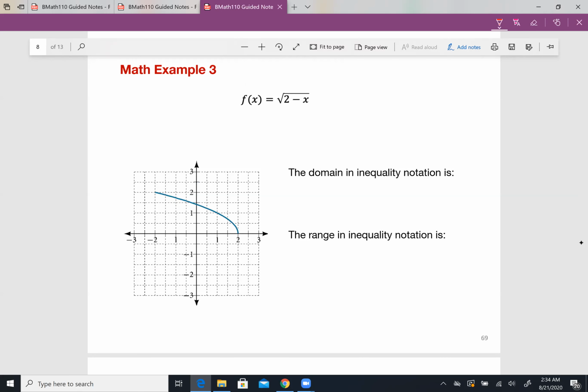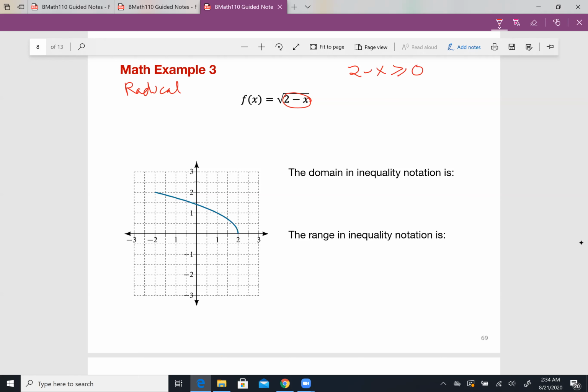And here is another example about a radical function. You should know that if it is a radical, then the radicand is greater than or equal to 0, right? So I have 2 minus x has to be greater than or equal to 0.